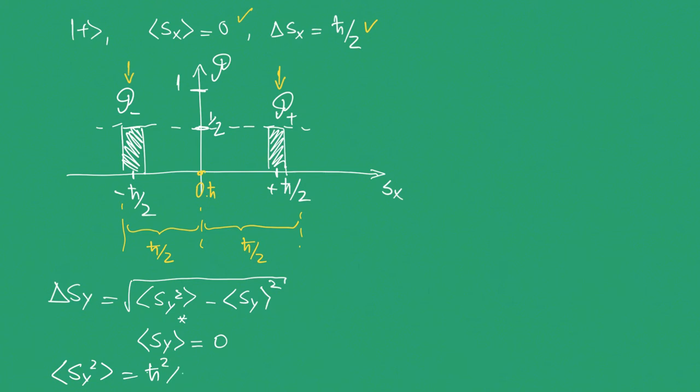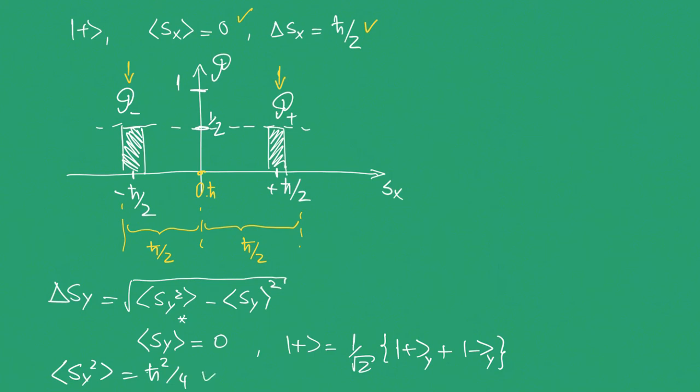Just remember to write the ket plus in the Sy basis, which is given by this expression here. And then you follow all the steps I've taken in the previous example, and you end up with the right answer.